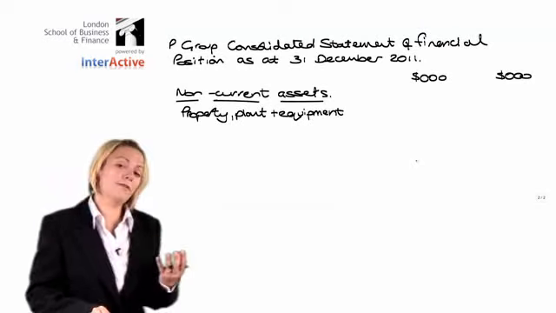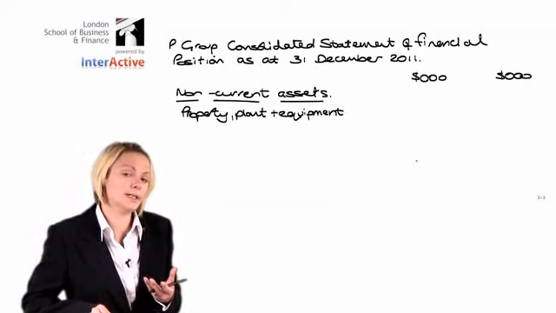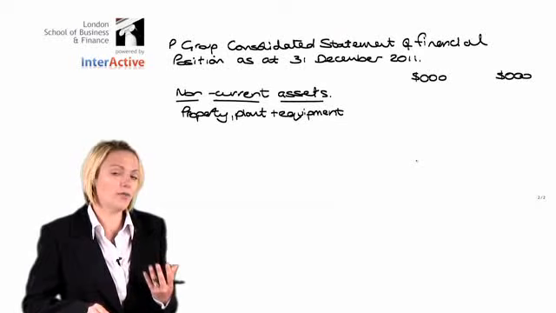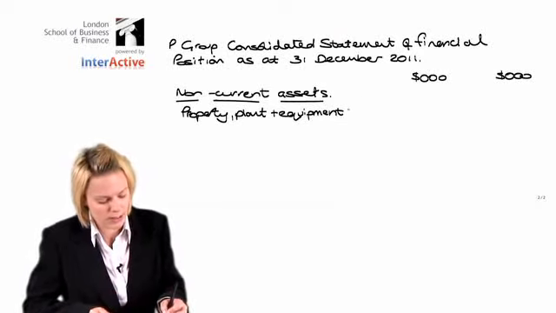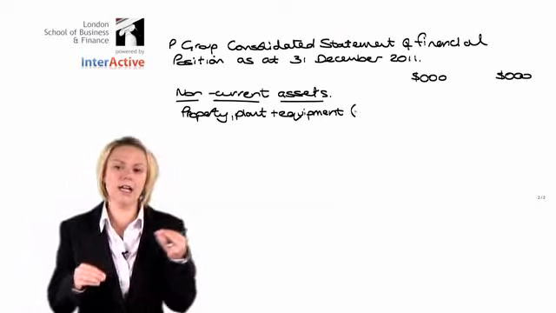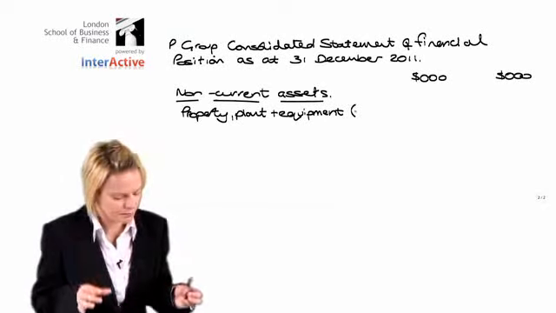And if you look at your pro forma group statement of financial position, do you remember we said that assets are under control of the parent and therefore of the group? And as such, what we do is we take the parent's PP&E and add the subsidiary's.